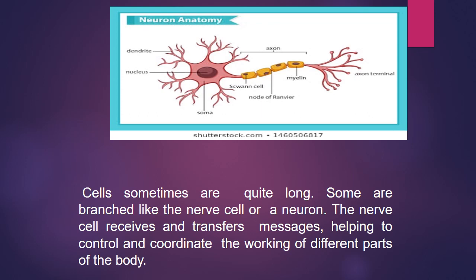So this is the structure of a nerve cell. The nerve cells are very long, and this is the longest cell in the human body, and the function of these nerve cells is to control and coordinate various functions of the body. It carries the messages from the brain to the effector organ. It receives the nerve impulse and then sends messages to the brain.